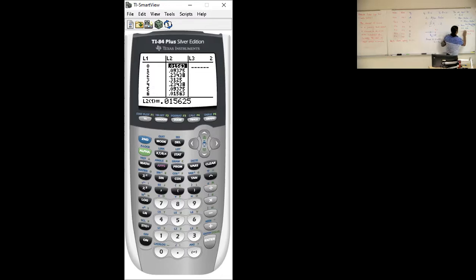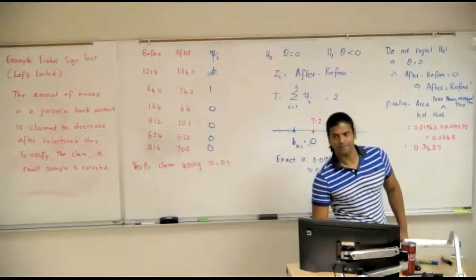Yeah, it's 63, that's right. So it's 0.3437. Okay. Let's get 4 decimal places. So the p-value obviously is bigger than alpha of 0.1, so we should not be rejecting null. Does that make sense?